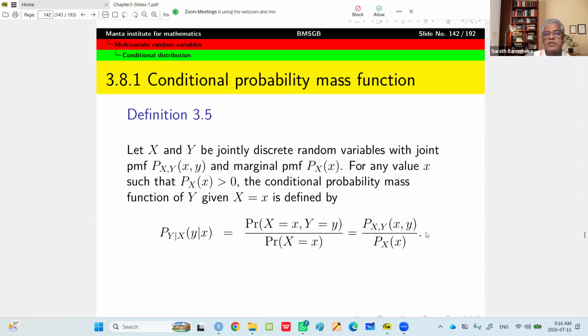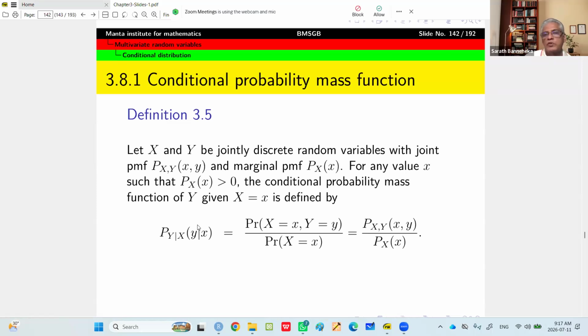For this definition to be valid, this value should not be equal to 0. That's why we have assumed that at value x, p_X is equal to some positive value, right? If p_X equals 0, this conditional probability mass function is not defined.